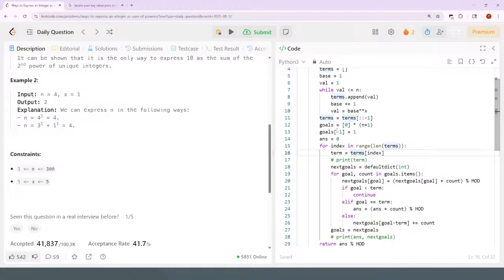So it's not actually goals anymore. The goals would be the index. So these would be the counts. So the number of ways of having starting with n is 1.